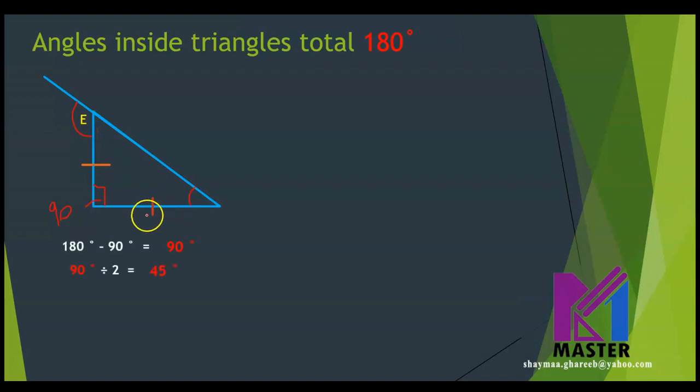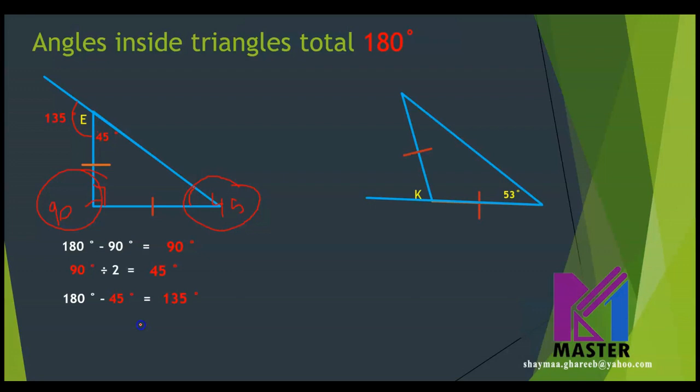So when I add the 90 and the 45, I will get the exterior angle. Let's circle both of them. These two together must give angle E. So angle E equals 135. Or we can get it using angles on a straight line.